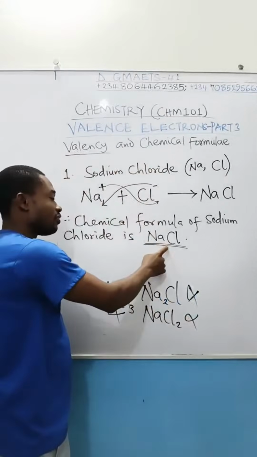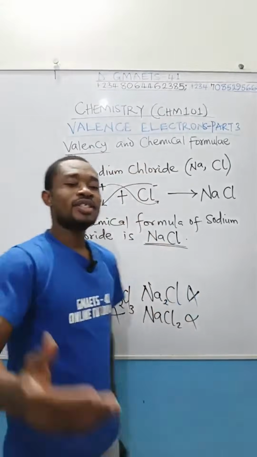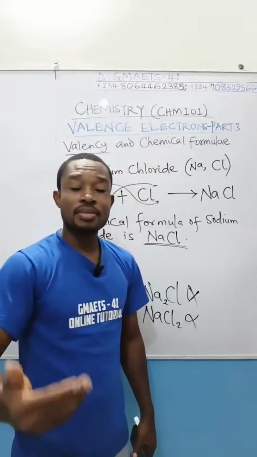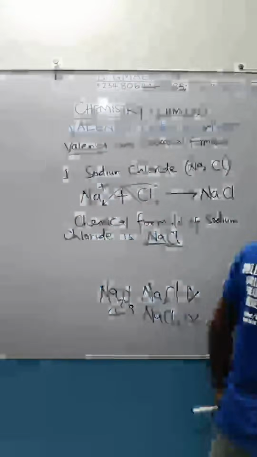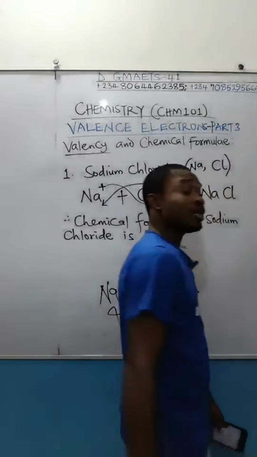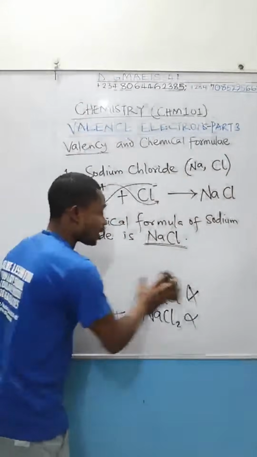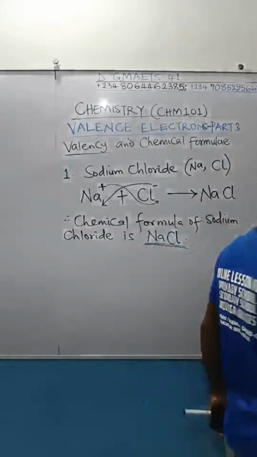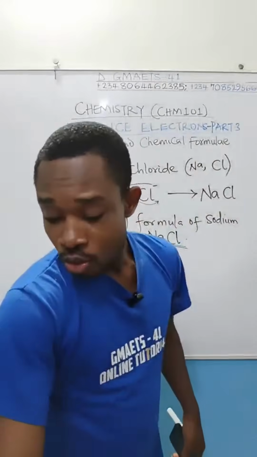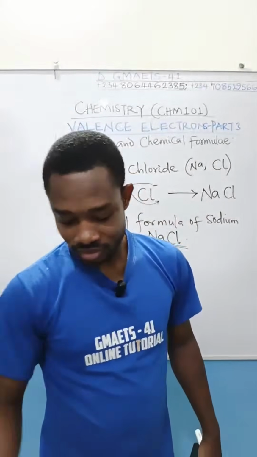Now, this is the correct chemical formula of sodium chloride. Imagine that I now ask you to write the correct chemical formula of calcium chloride. What would you do? I know that many of you will fail it.